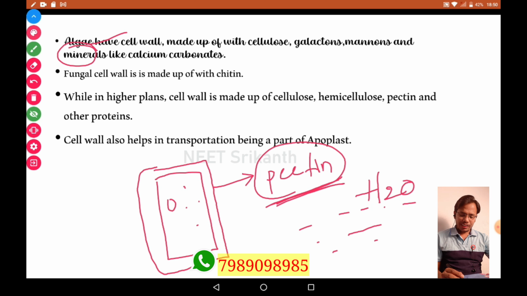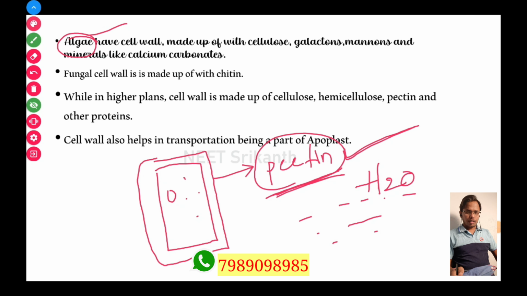So the algal cell has a cell wall with two layers. The outermost cell wall is made up of pectin. Pectin is a sticky polysaccharide, so when it dissolves in the water, it turns sticky in nature.